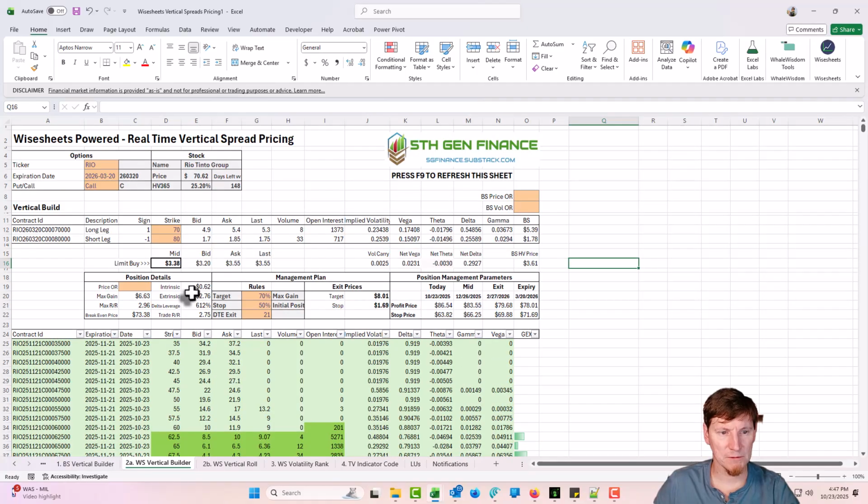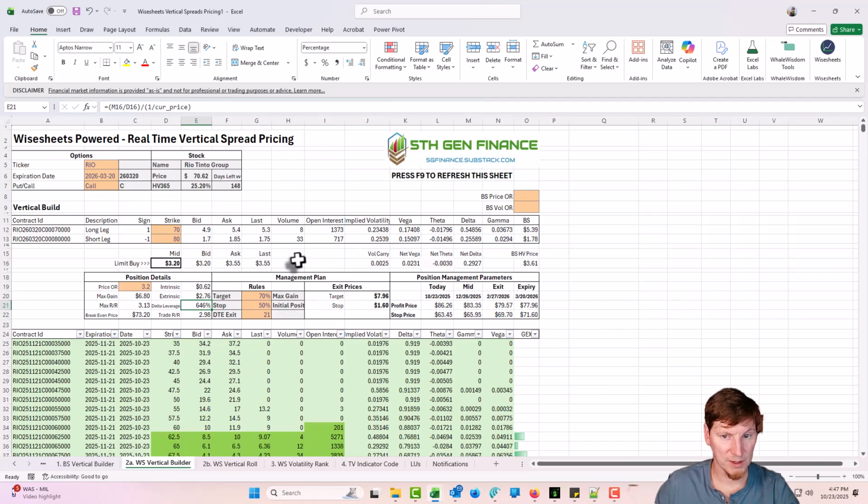So let's take a look at our trade plan. Down here in the position details, let's assume we can get it for 320. It's printing at 330. Let's say it's 320. So I've got about a 3 to 1 risk reward on it. I've got nice leverage on the delta.